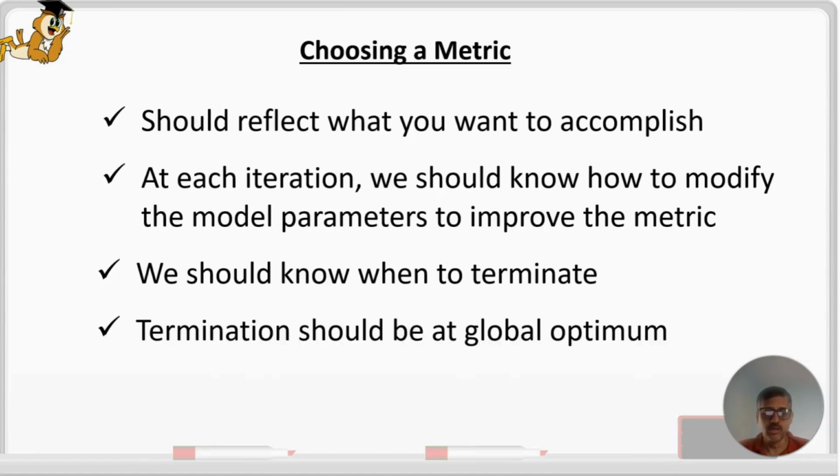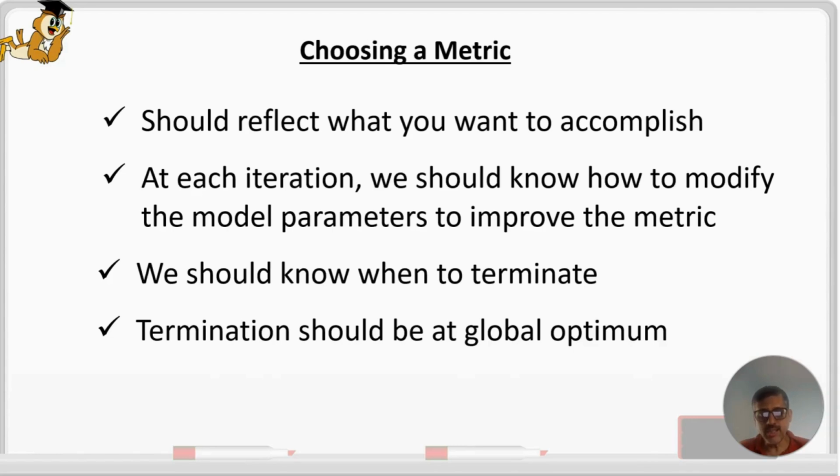Number four, again, a little bit tricky but important. Termination should be at a global optimum. What do I mean by this? Suppose you kept optimizing and kept improving the value of your metric and you decided to terminate at some point in time. How do you know that the answer that you have arrived at is the best possible answer, right?